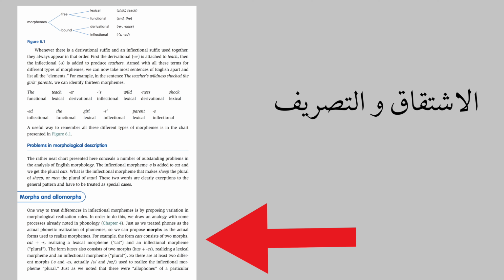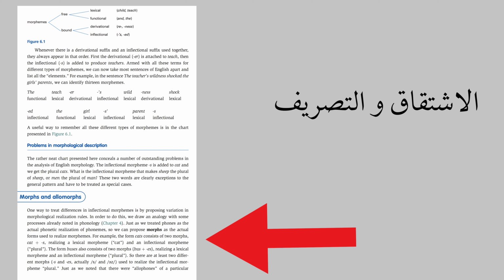realize morphemes. For example, the form cat consists of two morphs, cat and s, realizing a lexical morpheme, cat, and an inflectional morpheme, plural. The form buses also consists of two morphs, bus and es, realizing a lexical morpheme and an inflectional morpheme, plural.